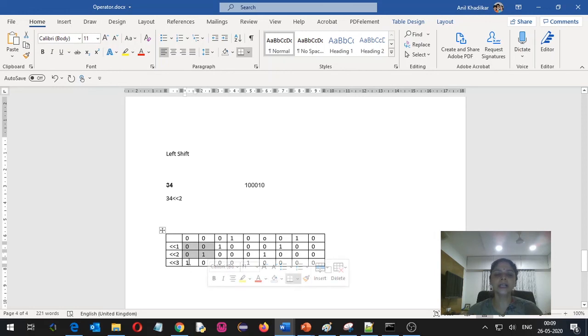Now you will ask, if I do left shift 4, is it going to remove this 1? Right now, if you see, we are using only 1, 2, 3, 4, 5, 6, 7, 8 and 9 bits. Usually every integer is represented in 4 bytes, so the number of locations allocated is 4 into 8 bits.